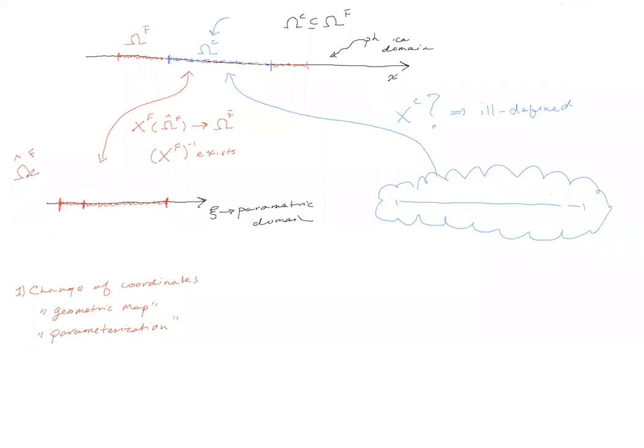So we take omega hat f and we subdivide the parametric domain up into a set of subdomains. And we call these elements, and we'll use the notation omega hat f sub e for an element, okay? That's called an element. Okay, so we create a whole bunch of elements.